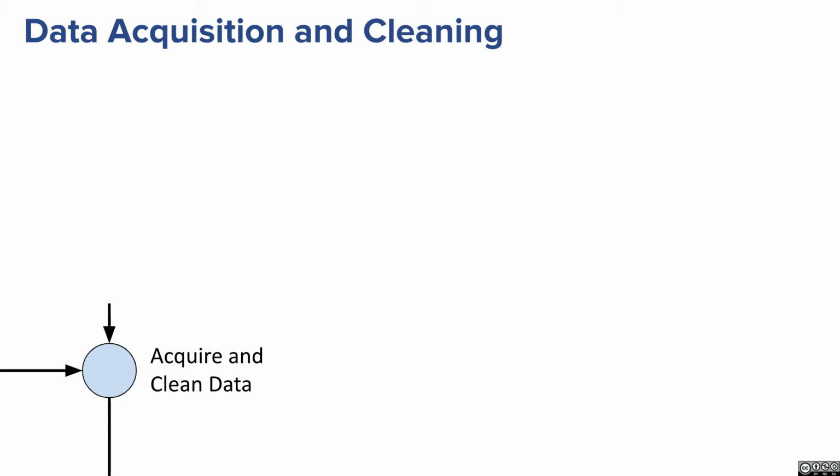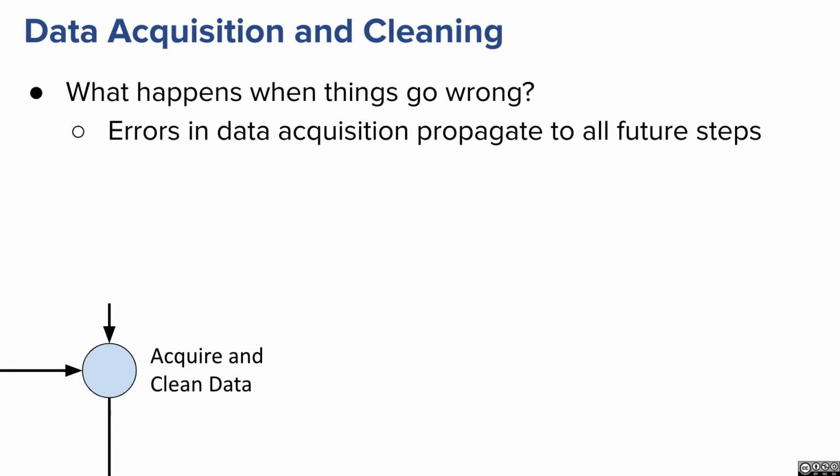Each step of the life cycle has some problems when you do it incorrectly or don't do a thorough job of it. In particular, if you're not careful about the second step, the data, errors that happen in one stage of the life cycle propagate to all future steps, which means that if you have garbage data, you're going to make garbage predictions.